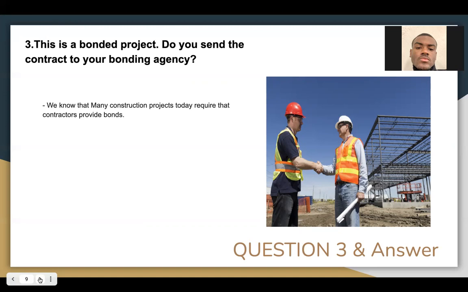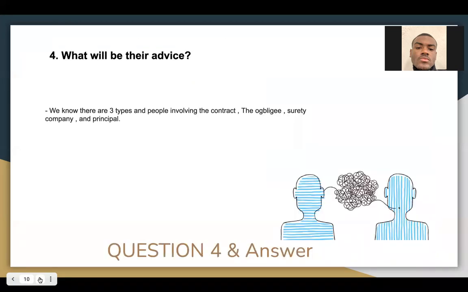Next question. What will be their advice? So since we know there are 3 types of people involved in this contract, we basically have to say that the bond agency is the surety company that provides the bond for the project. This is basically the one who's responsible for paying any claims that are filed.